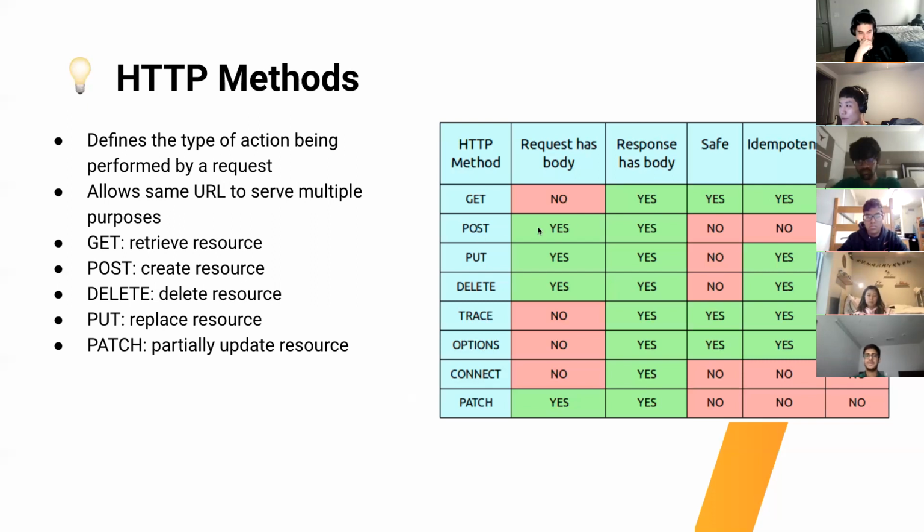With POST, you can't do it twice, because if you POST twice, you've created two new resources instead of one. With PUT, if you replace once and then replace again with the same new object, that does the same thing as doing it once, because the first time you've already done the replacement. And with DELETE, if you delete an object and it goes away and then you delete it again, that's the same as deleting it once.